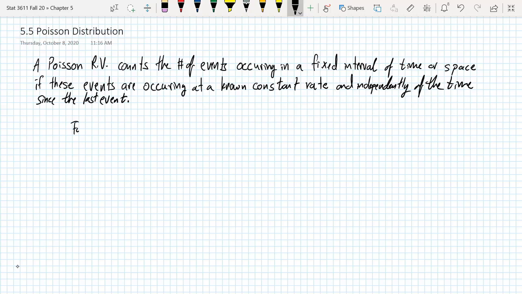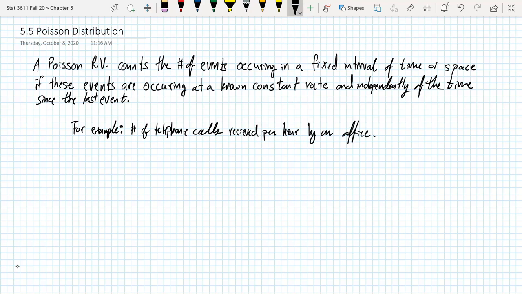So a common example that we'll look at to help wrap our heads around this would be the number of telephone calls received per hour by an office.